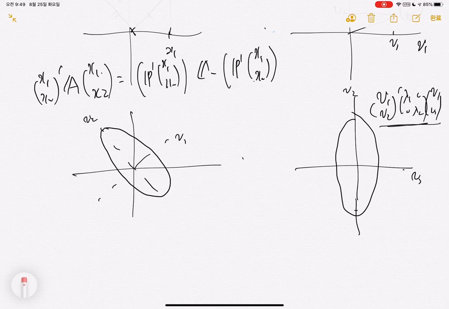So, read that part. And I'm going to continue with multivariate calculus in the next lecture.